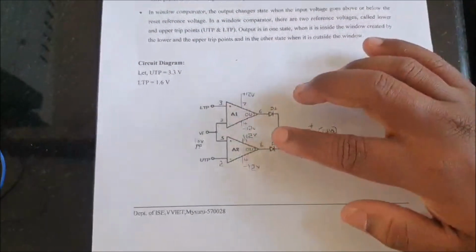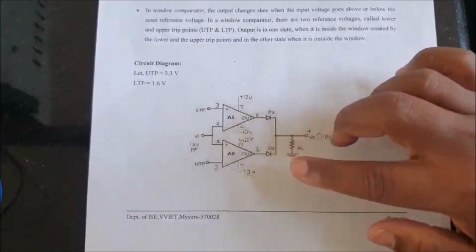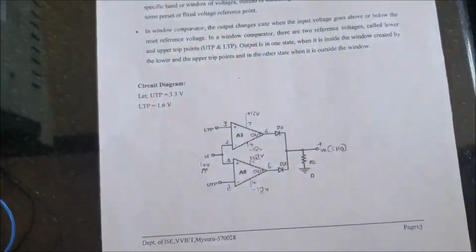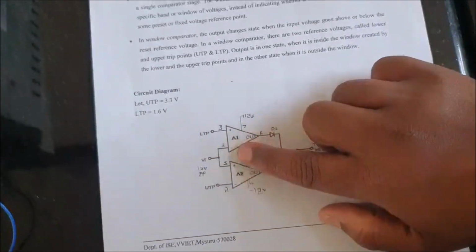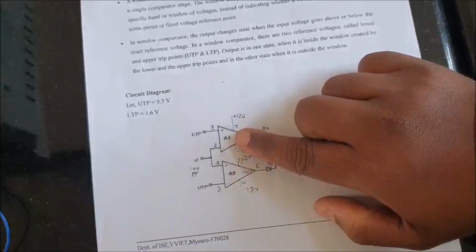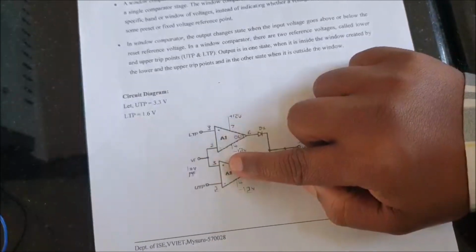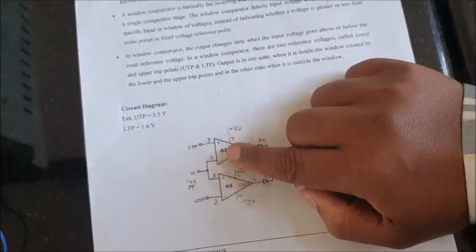Here I will connect two ICs onto the middle of the breadboard. After connecting the two ICs, the second pin of the first IC and the third pin of the second IC should be shorted.